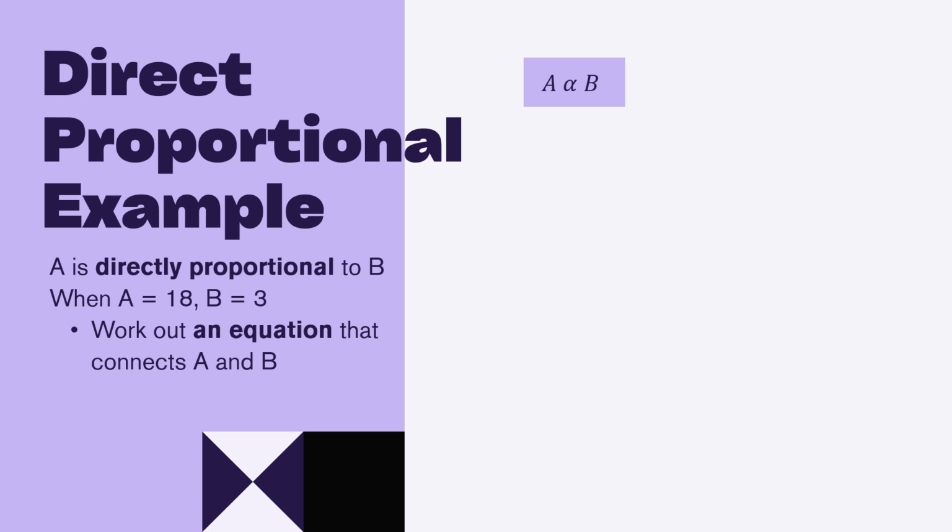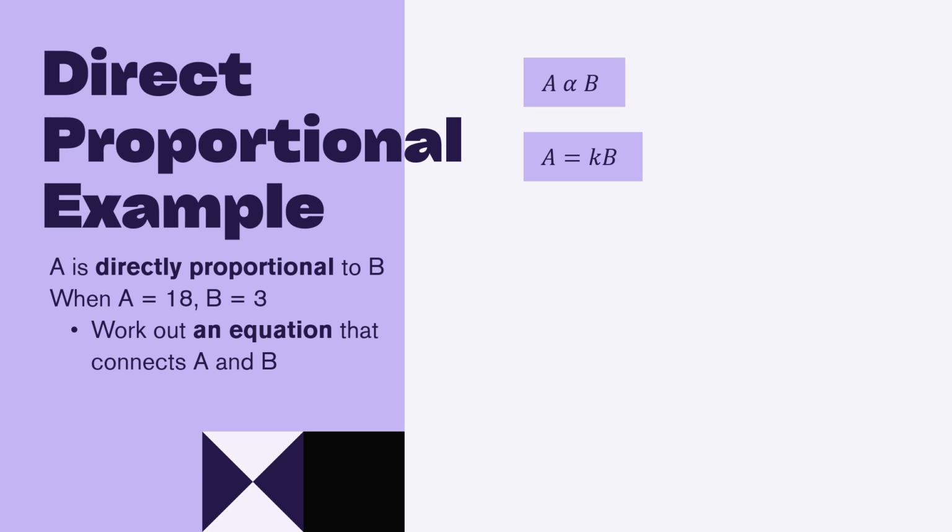A is proportional to B. Now, if A is directly proportional to B, there must be some constant number that we multiply B by to get A. And we're going to call that number K. So we say that A equals K multiplied by B. Our goal in this question is to try and work out the value of K.